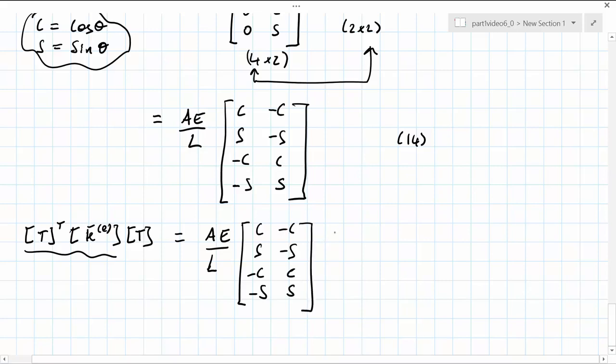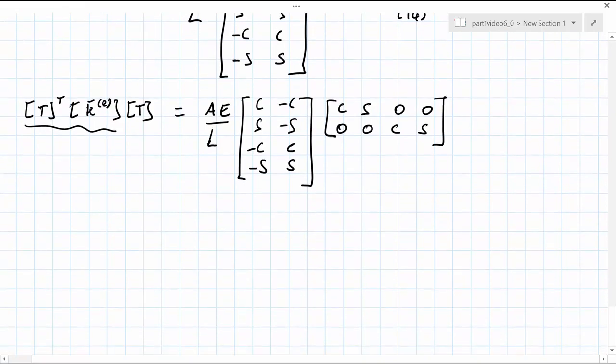And now we're multiplying it again by the transformation matrix C, S, 0, 0, 0, 0, C and S. This now gives us a 4 by 4 matrix equal to AE over L times by all the components inside.